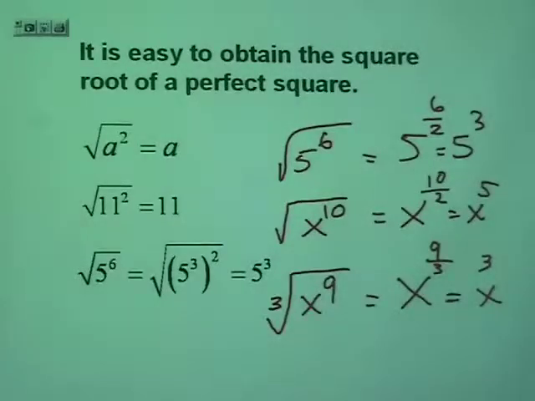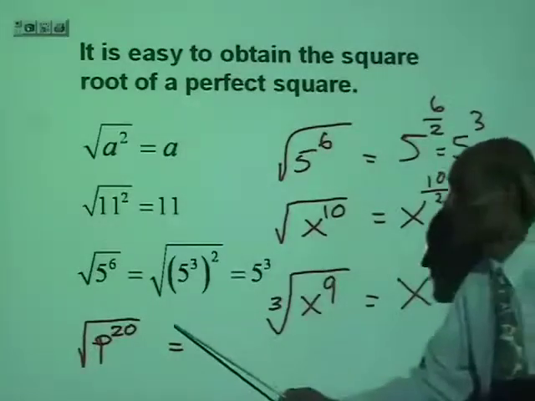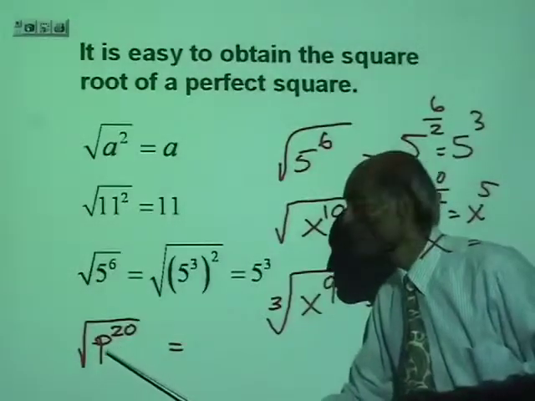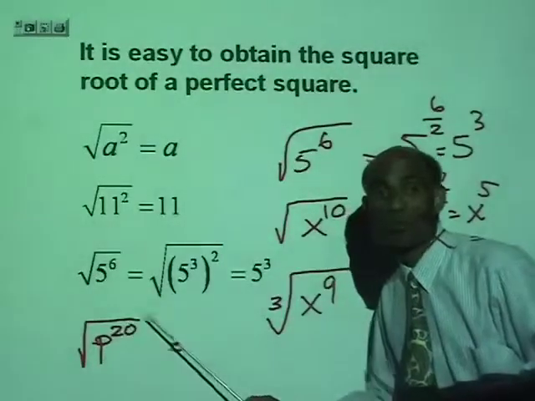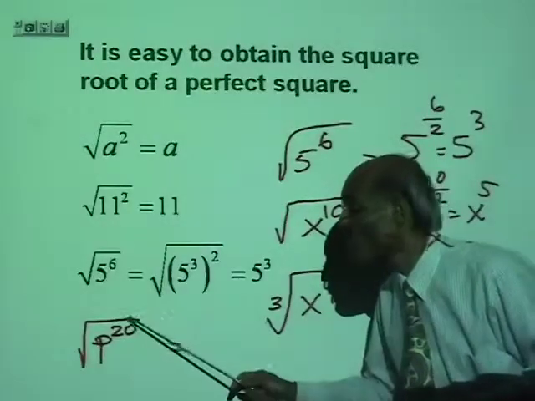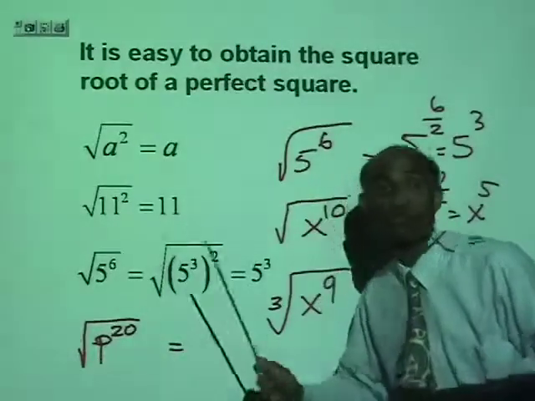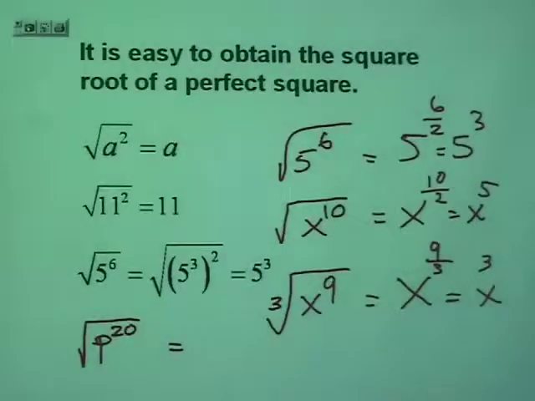Alright, tell me, what is the square root of p to the power of 20? You can now tell me. The square root of p to the power of 20 will be p to the power of 20 divided by 2, that is 10. So that will be p to the power of 10.